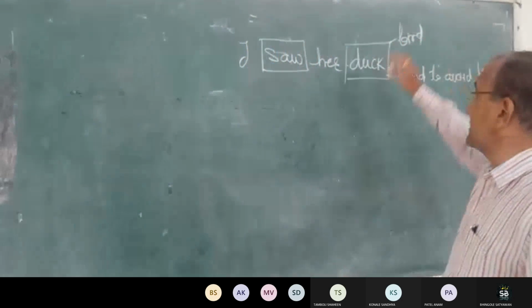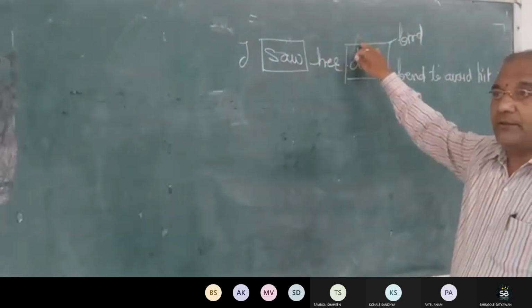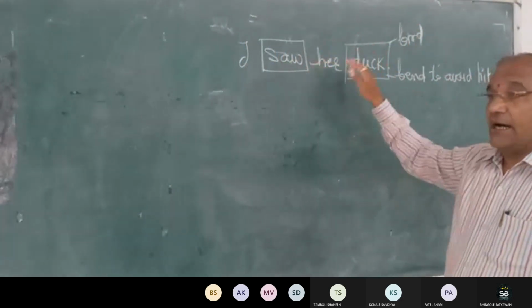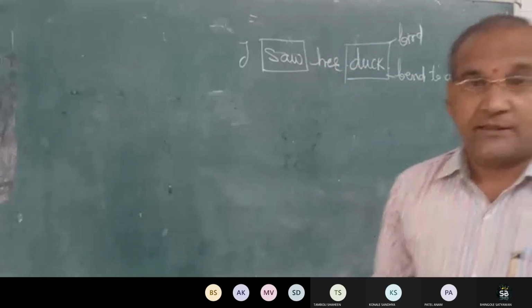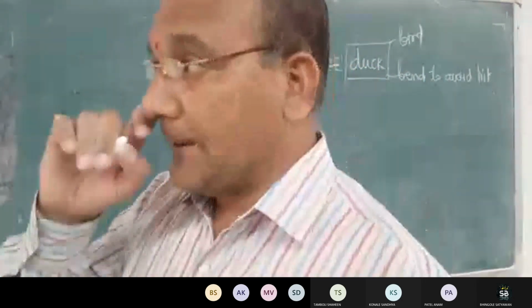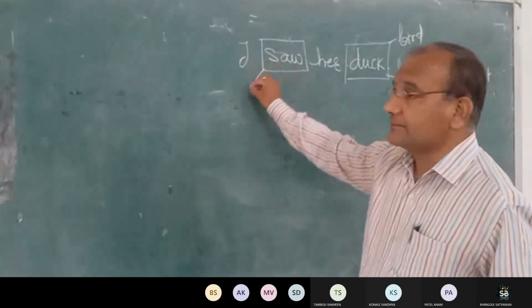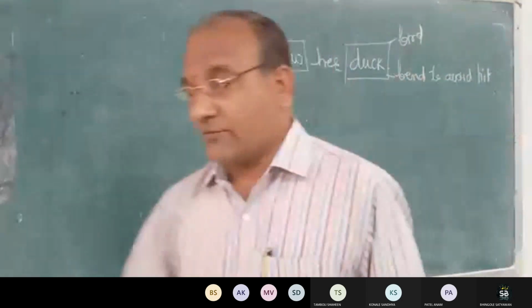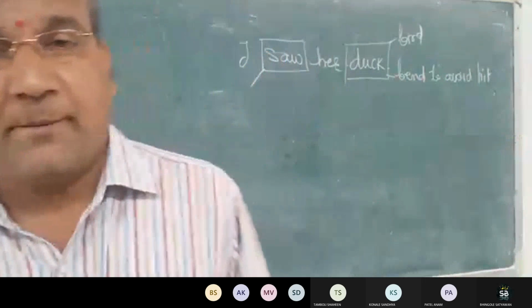In one case, it's a bird. So I saw the bird. In the other case, I saw her bend down. Right. Now, saw also has two meanings. What are the two meanings of saw?